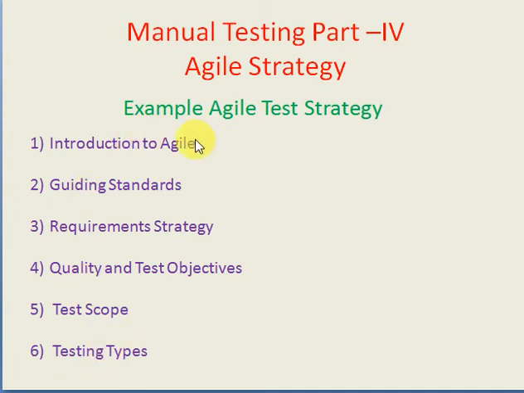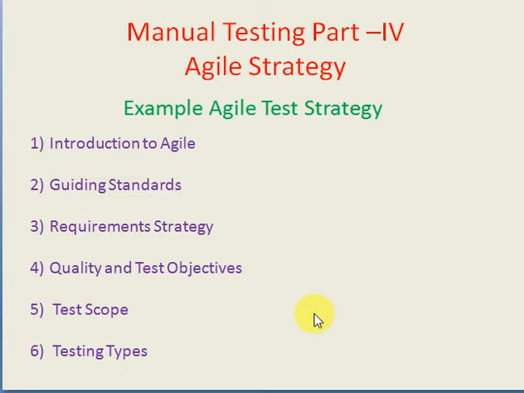First of all, you can give an introduction to Agile. What are the guiding principles of Agile? What is continuous design improvement, continuous testing, rapid feedback and change, etc. Then another section can be on the guiding standards, such as shared responsibility of quality in the team, data management standards, and so on.